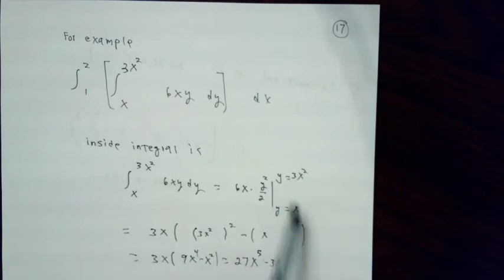I'm going to square 3x squared, subtract x squared, and then multiply by the 3x. Assuming I've done my arithmetic correctly, the result is 27x to the 5th minus 3x cubed. As predicted, there is no y in this anymore. There's only x. Consequently, this is a function that I can integrate from a constant value to another constant value with respect to x and get a number out of it.